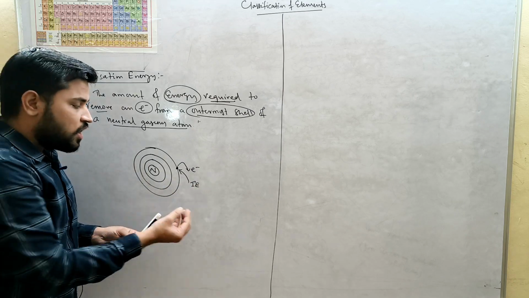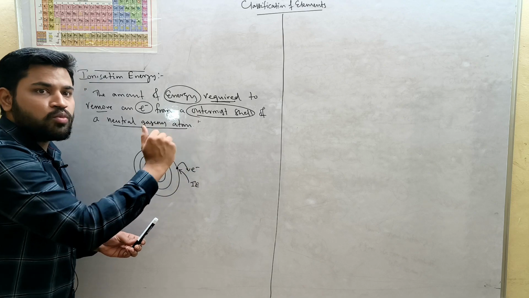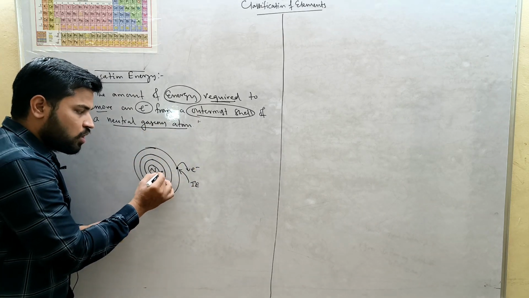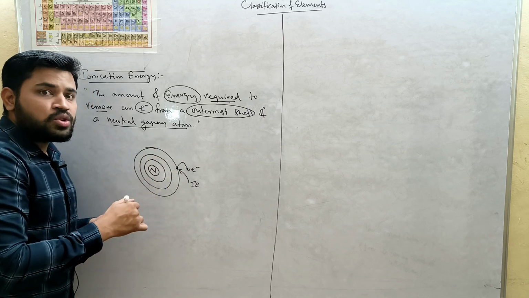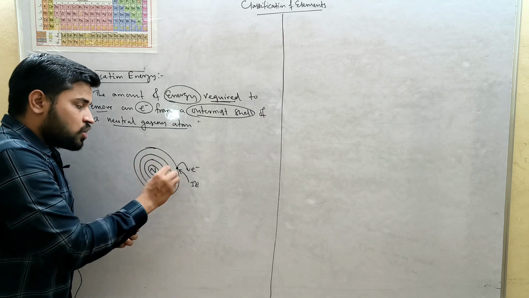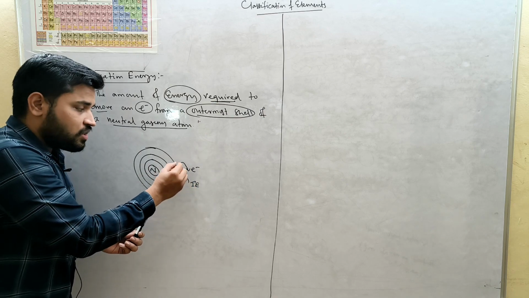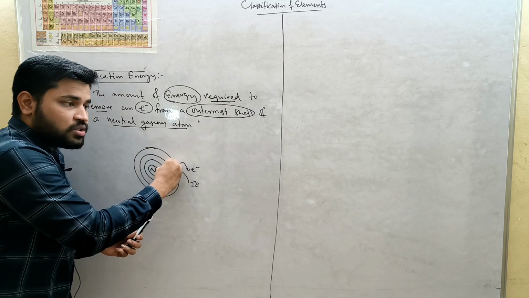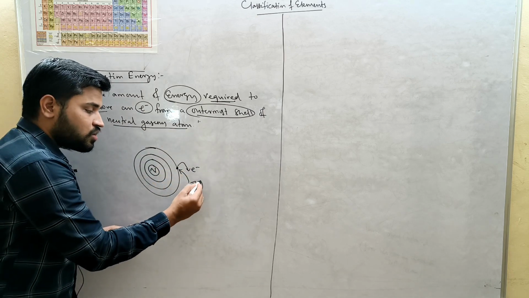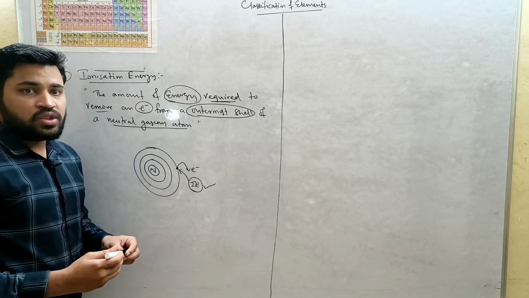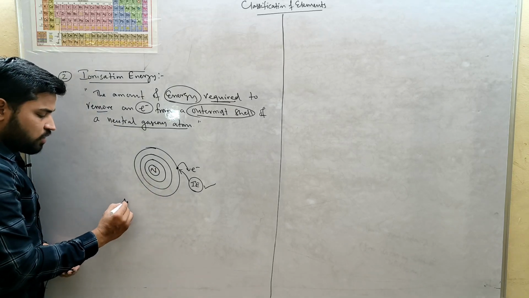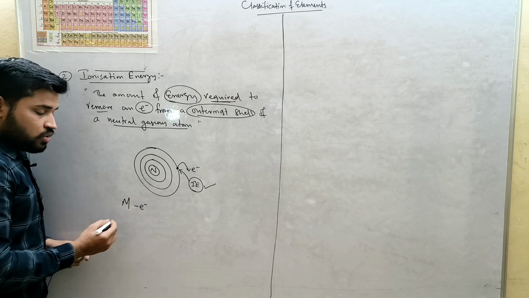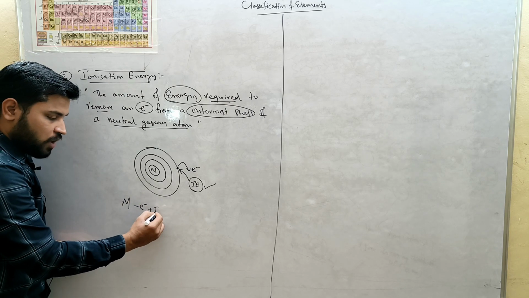Because the nucleus is holding the revolving electrons with its nuclear force of attraction, to remove the electron from the neutral gaseous atom we have to apply energy.